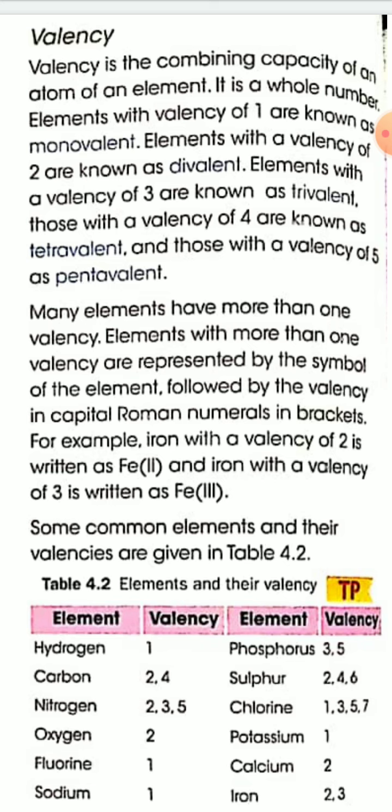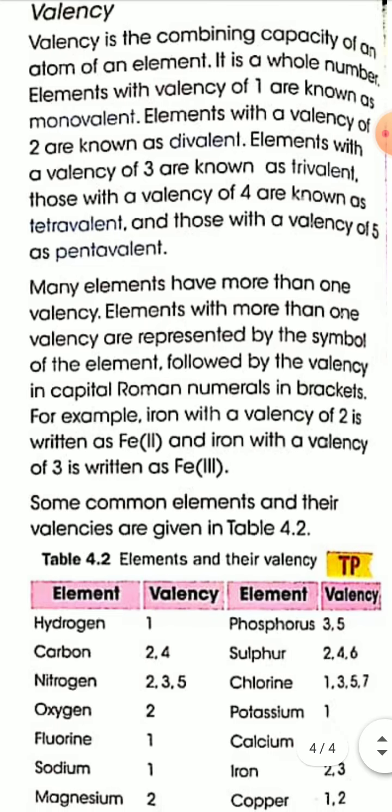Many elements, for example iron and copper, have more than one valency. Elements with more than one valency are represented by the symbol of that element followed by the valency in capital Roman numerals in brackets.